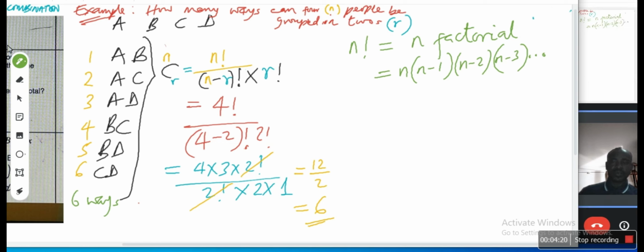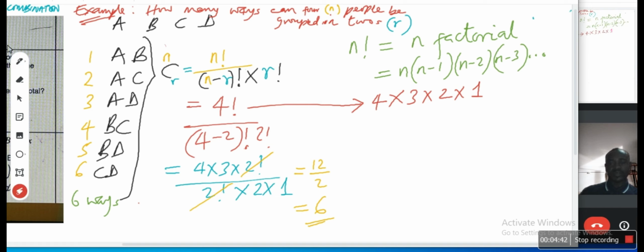Yes, sir. So, for instance, 4 factorial would mean what? 4, 3, 2, 1. So 4 factorial means 4 times 3 times 2 times 1. Okay.